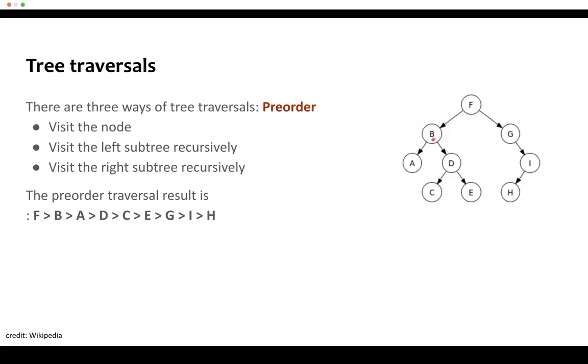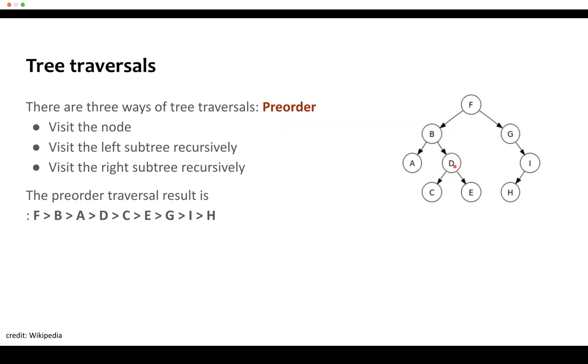We first visit B, and then we visit the left child, that is A. So that's why FBA comes here. And after we process the left child, we're going to process the right child, that is D. So we came from root, B, left child, and the right child.